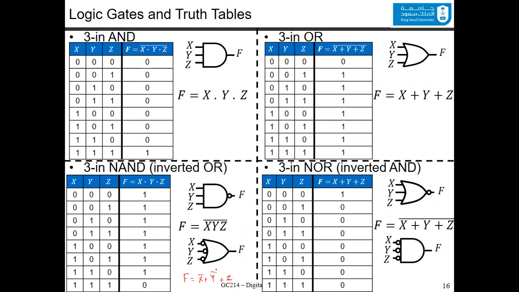And we just proved that this equation and this equation are equivalent. Similarly here, the function is x bar, y bar, z bar. And we also can prove that they are both equivalent.